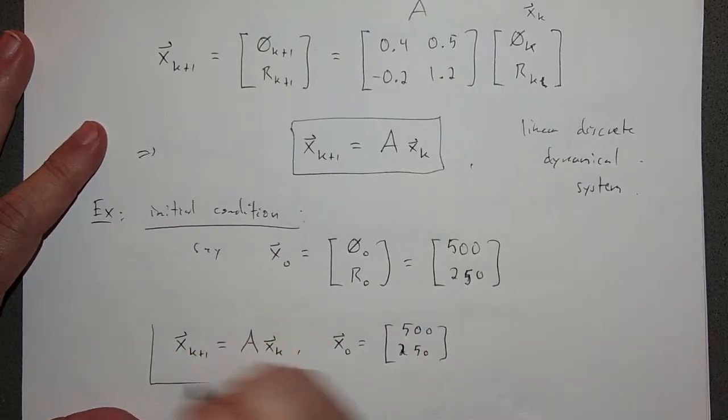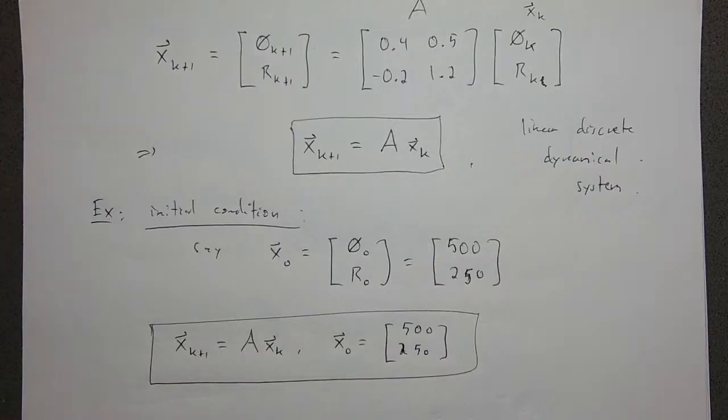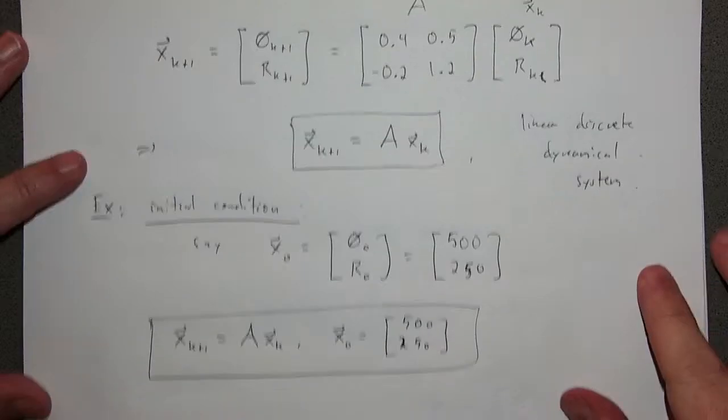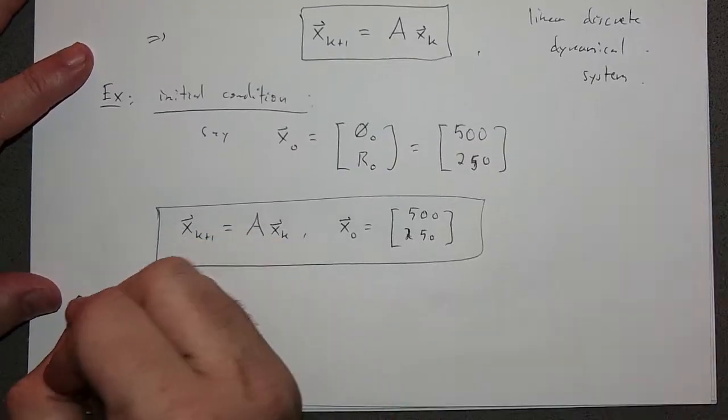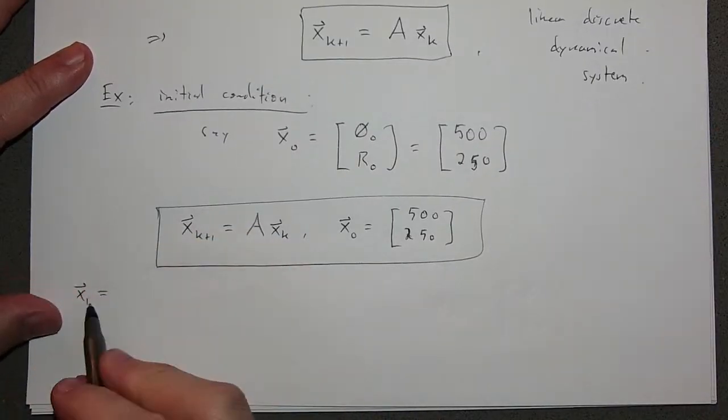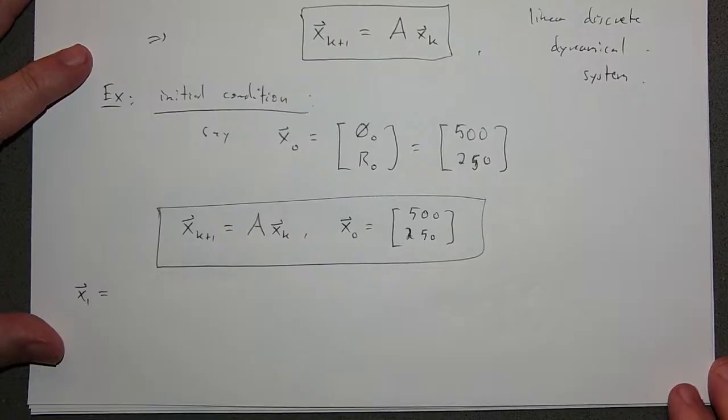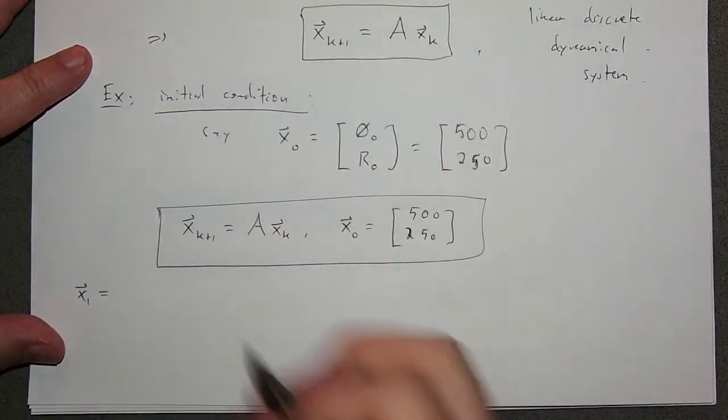So this looks almost identical to the thing that I just talked about how to solve. Now, let's see how this would go if we do this in a brute force way, not trying to do anything too fancy. Keeping track step by step, to get to x sub 1 from x naught, what do I do?